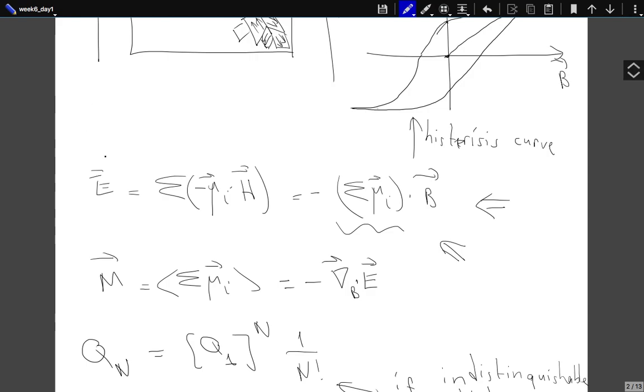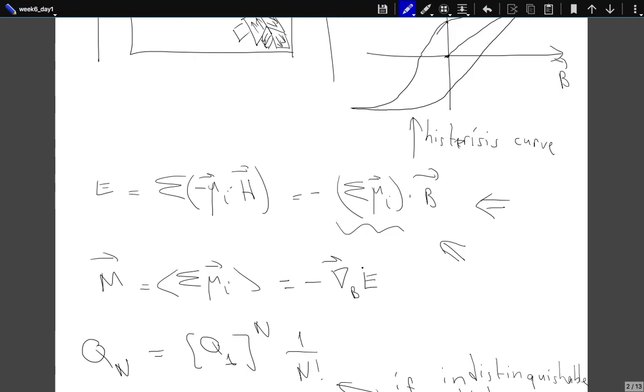Yeah, that's what we call a typo. It's not E. No vector. Oh, sorry, there's also not E over there. It's the gradient. Yes, sorry. No, it's okay.